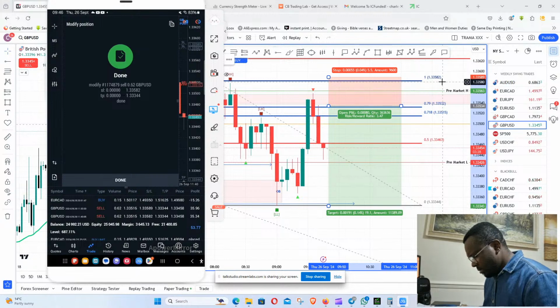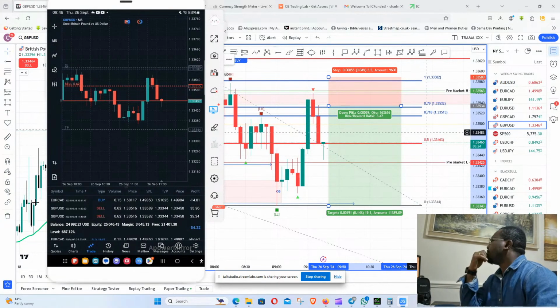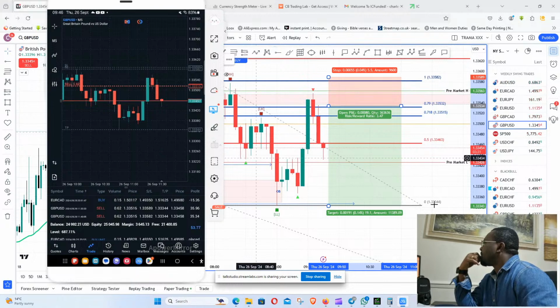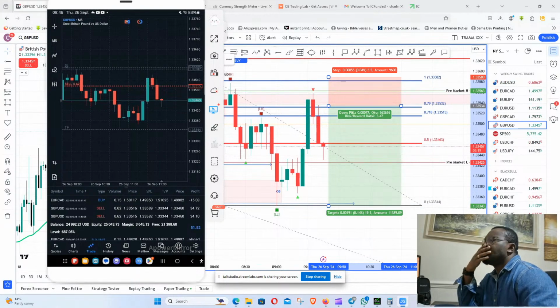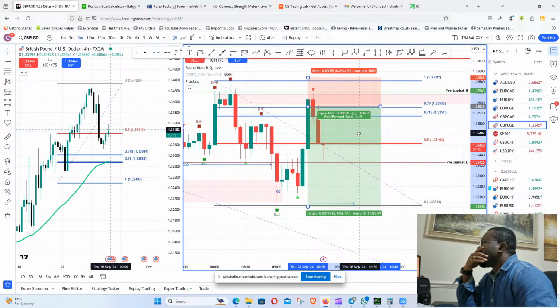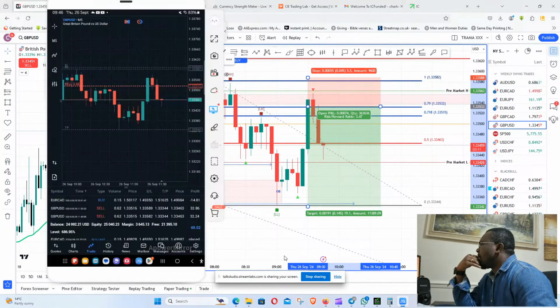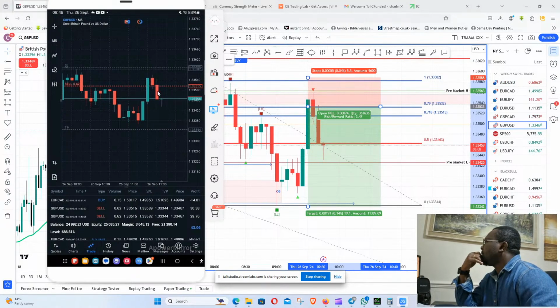Modify. So we're set. We hope we get our TP hit and then we're done. We got in at that level and we're targeting this low. Those are my entries.